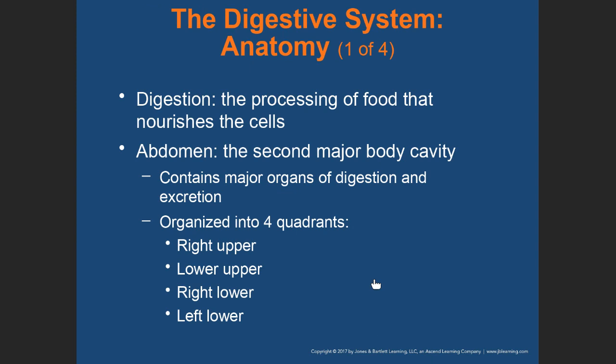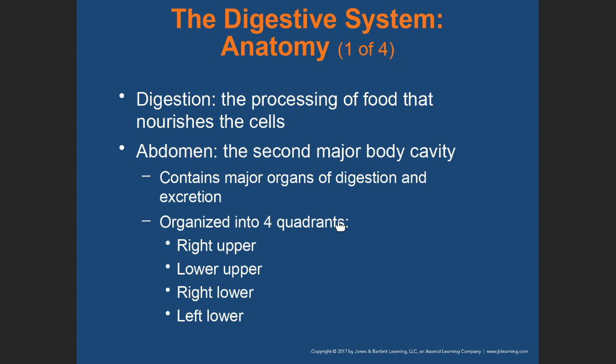All right, now let's look at the digestive system. Digestion is the processing of food that nourishes the cells. The abdomen is the second major body cavity, and it contains major organs of digestion and excretion.